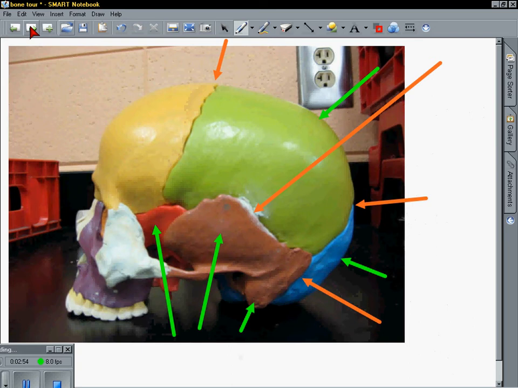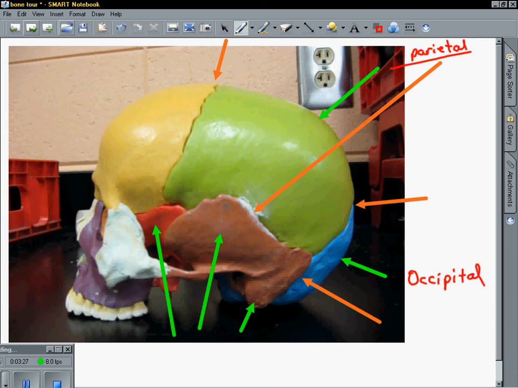So we do have some sutures in here we need to know as well. I've labeled the sutures with the orange arrows and the bones with the green arrows. So let's start with the bones, and we're going to start upper right. The first bone up there, the green bone with the green arrow, is the parietal bone. Then our next one is the occipital bone in blue.